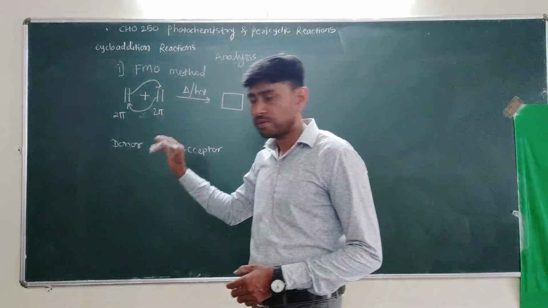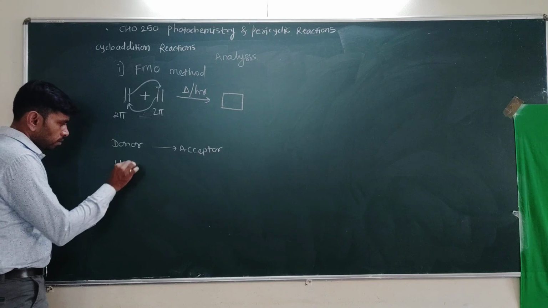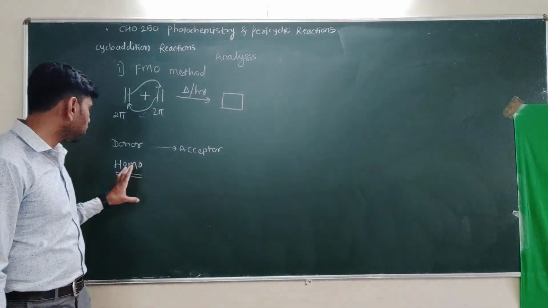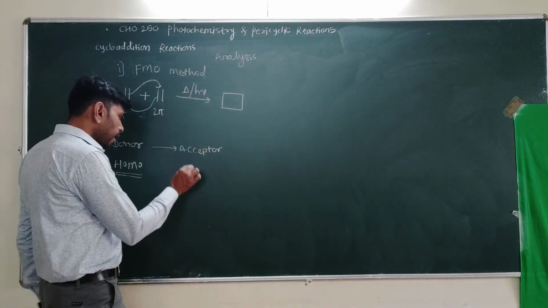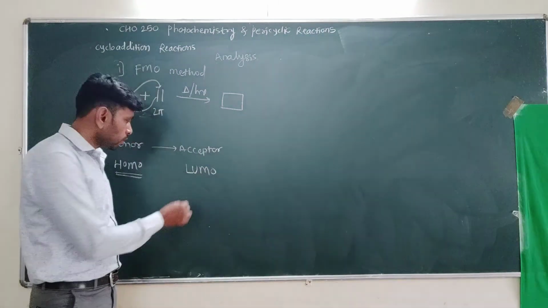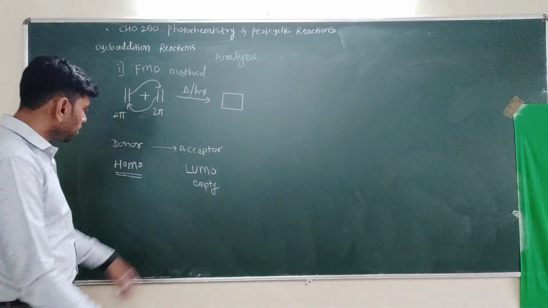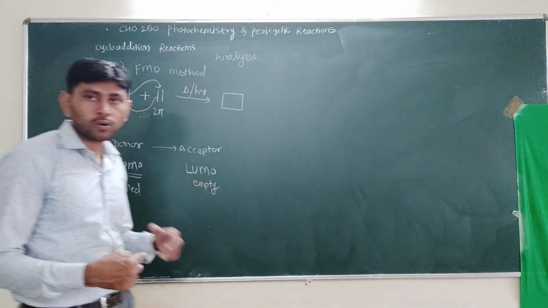Donor means we have to use the HOMO, the highest occupied orbital, from one partner, and for the acceptor we have to use the LUMO, the unoccupied orbital. The LUMO is always empty and the HOMO is filled, so that bonding overlap occurs.